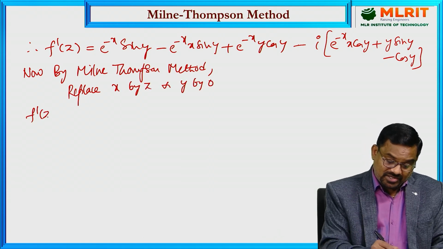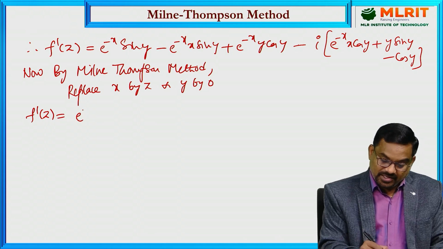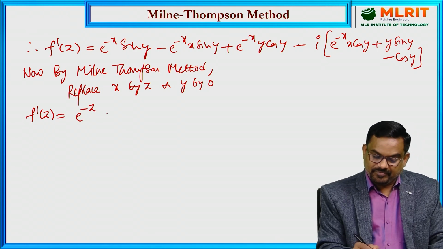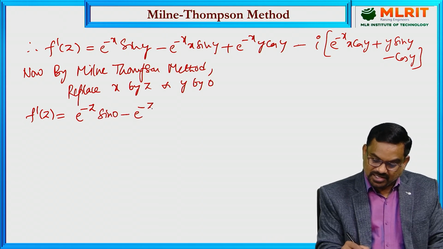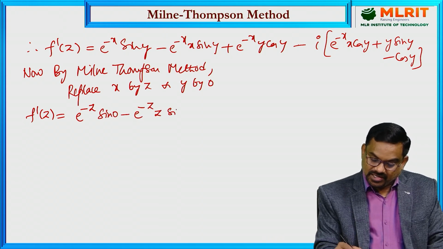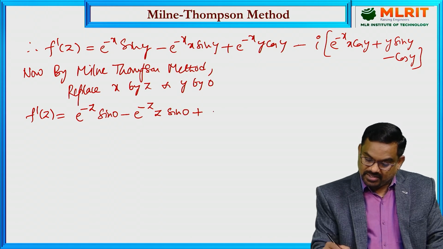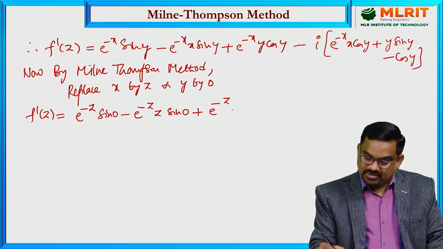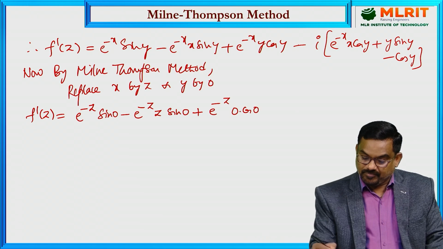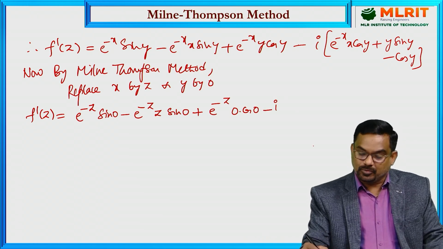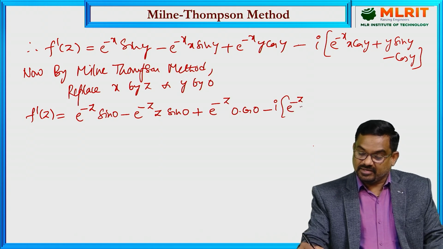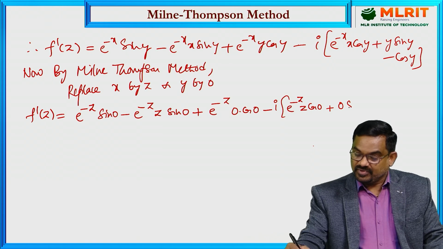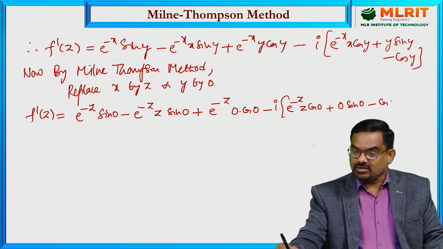So, f dash z equal to e power minus z sin 0 minus e power minus z into sin 0 plus e power minus z into 0 cos 0 minus i into e power minus z cos 0 plus 0 sin 0 minus cos 0.